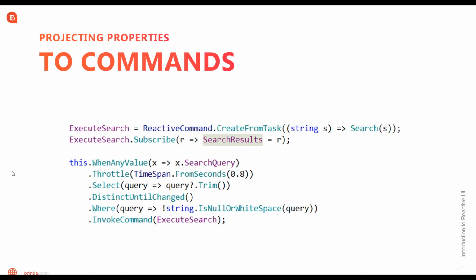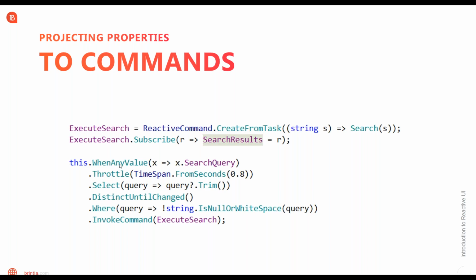That means that, well, this is an operator, and you have an extensive list of the operators of the reactive extensions library in the websites I mentioned before. And these are all operators.